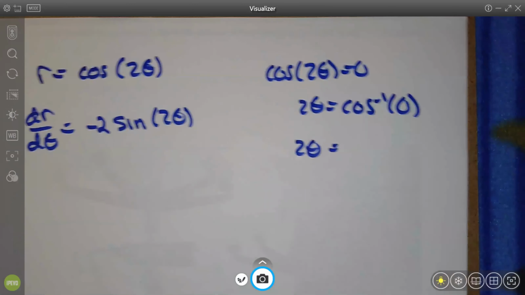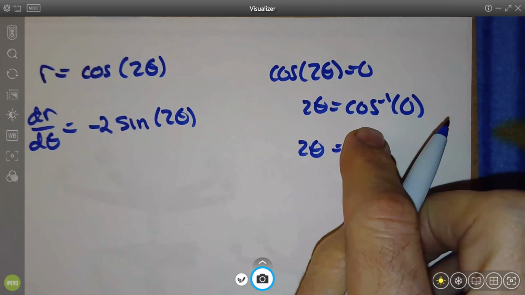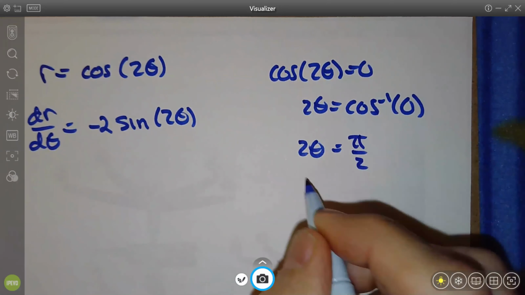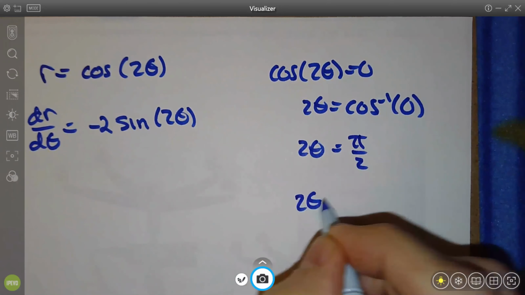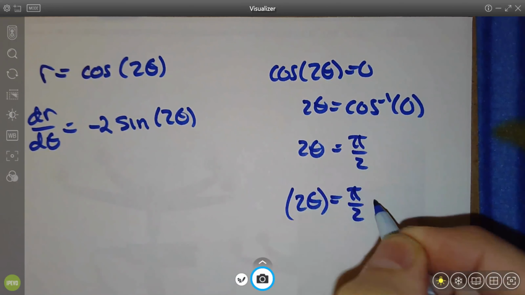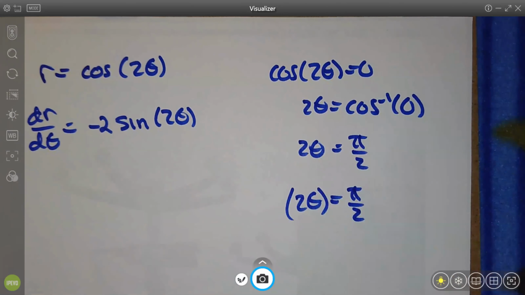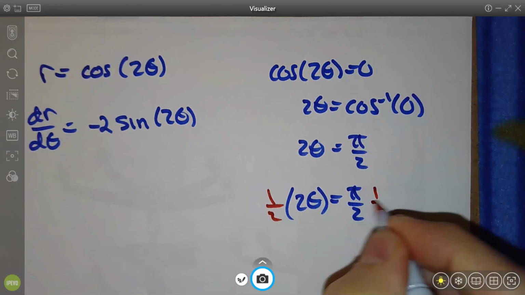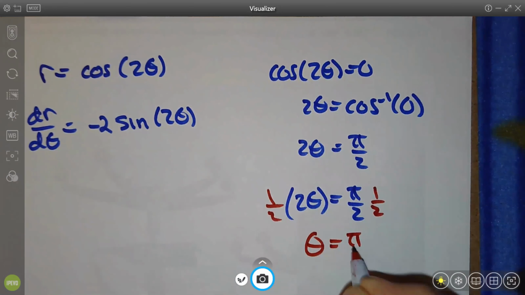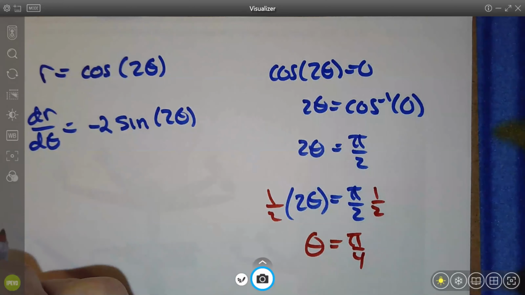Now the inverse cosine of 0, the first place that cosine is 0 is going to be pi over 2. And if you multiply both sides by 1/2, then you'll get theta is pi over 4. So that's telling you where the function comes back on itself. Theta is pi over 4. So that's good. I can now find this integral.